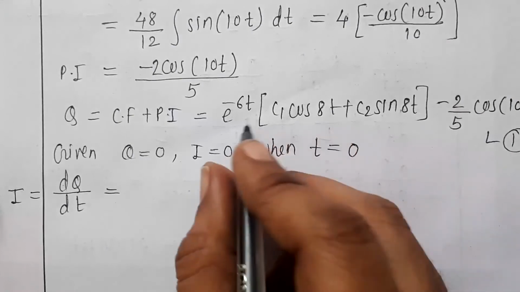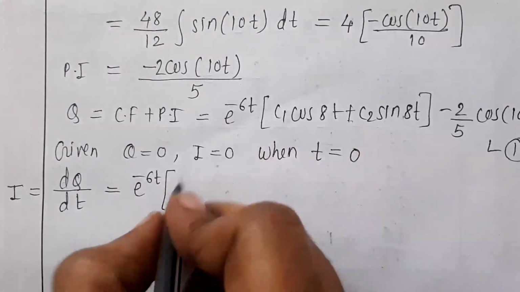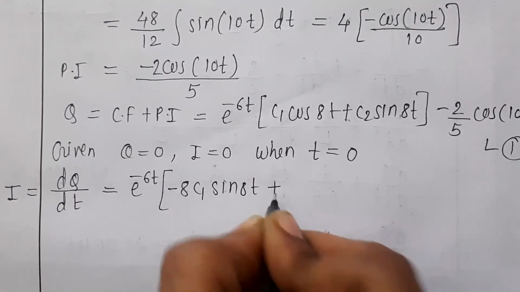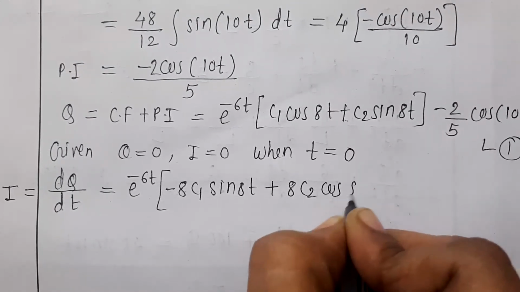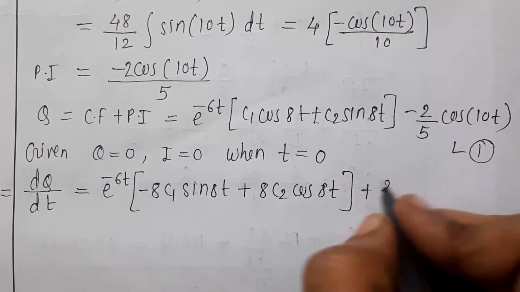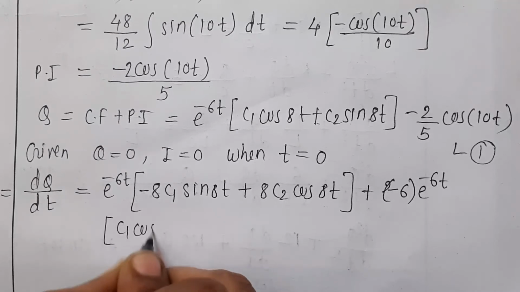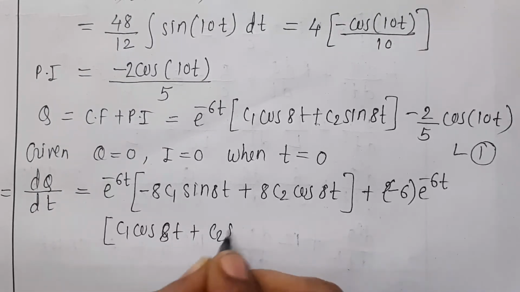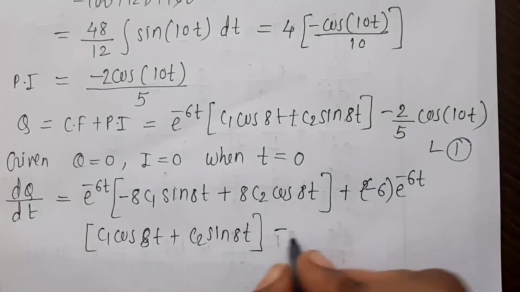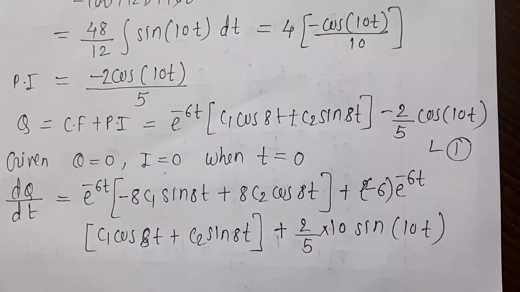Here we have two brackets, so two functions, and we use the product rule. e to the power minus 6t as it is, times the derivative of c1 cos 8t plus c2 sin 8t, which is minus 8c1 sin 8t plus 8c2 cos 8t, minus 2 by 5 times the derivative of cos 10t, which is minus sin, so plus 2 by 5 times 10 multiplied by sin 10t. Plus the derivative of e to the power minus 6t, which is minus 6 times e to the power minus 6t, multiplied by c1 cos 8t plus c2 sin 8t. So this is our current I.